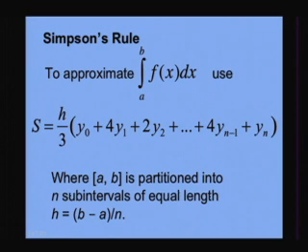And now that coefficient alternates back and forth between 4 and 2, 4 and 2, all the way up through 4 times y sub n minus 1 plus y sub n, where the closed interval a to b is partitioned into n subintervals of equal length, where h is equal to b minus a, that quantity, divided by n.